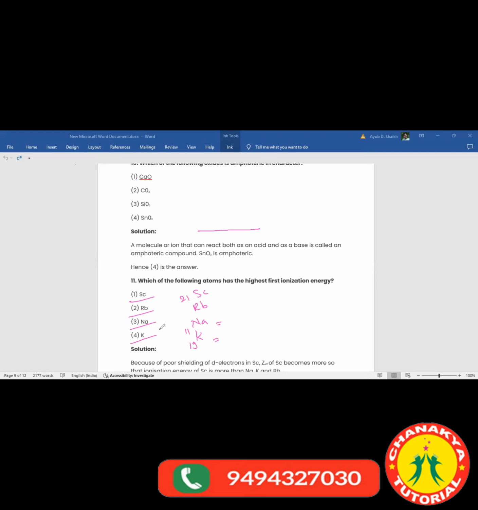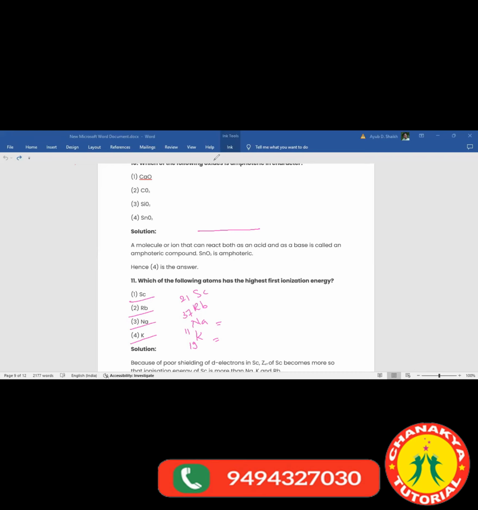Rubidium atomic number will be 37. Okay. Write down their electronic configuration now.